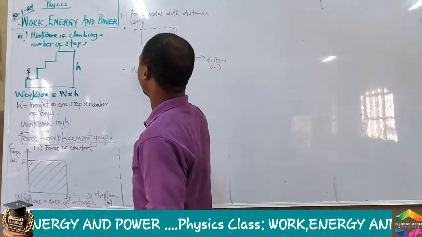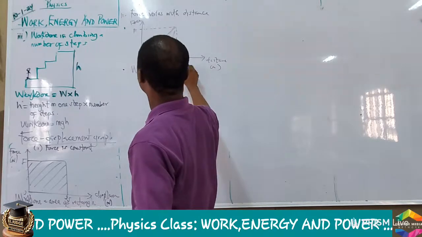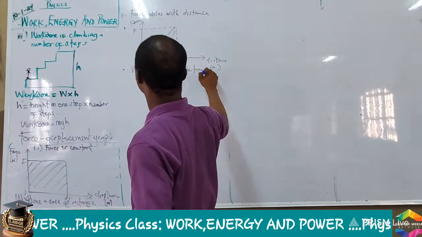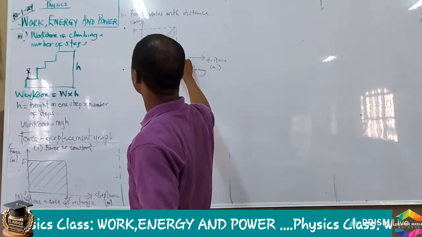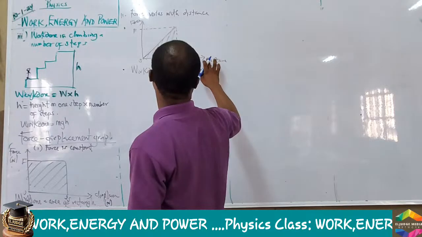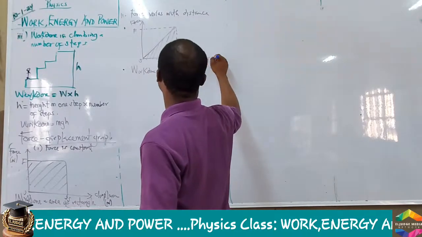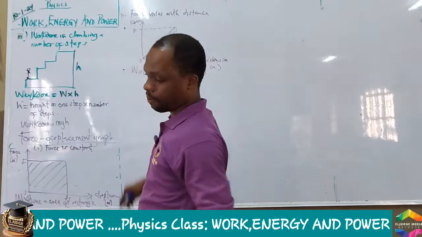So the work done here is equal to area of the triangle. Let's call this 0. Let's call this E. So we're going to use E here. It's also a distance. And this distance is extension. And we have the force there.